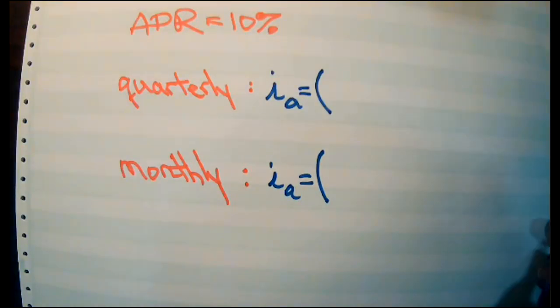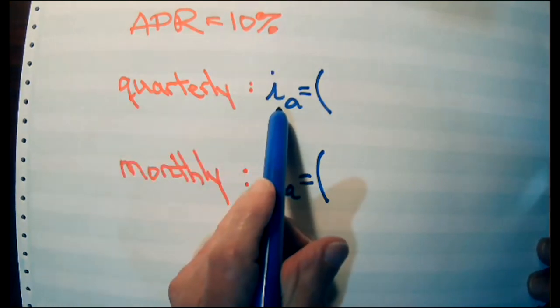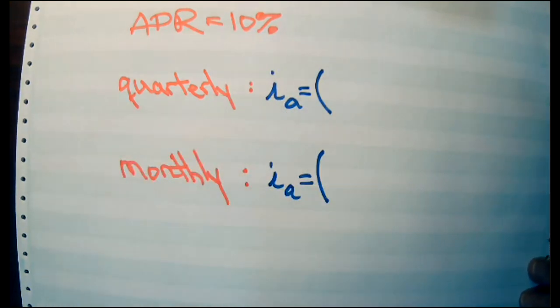Here's the setup. We have an APR of 10%. Quarterly, the APY, now you're going to have to go back. I'm not going to revisit this. We did this in class, and it's in your textbook at the very first of chapter 16. We did this, gosh, 2 weeks ago anyway.